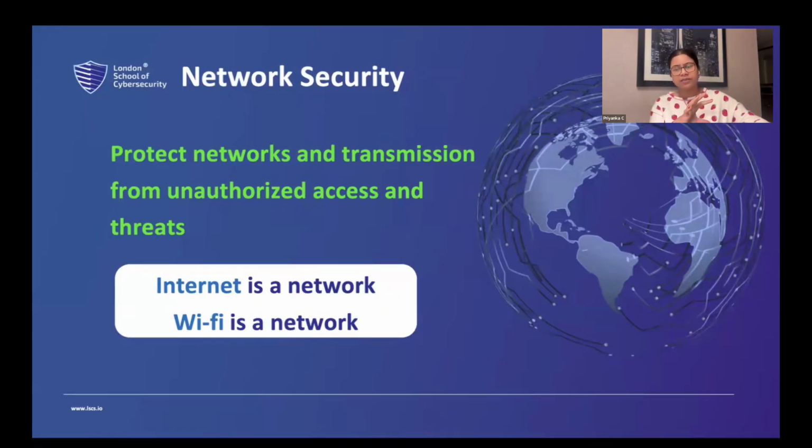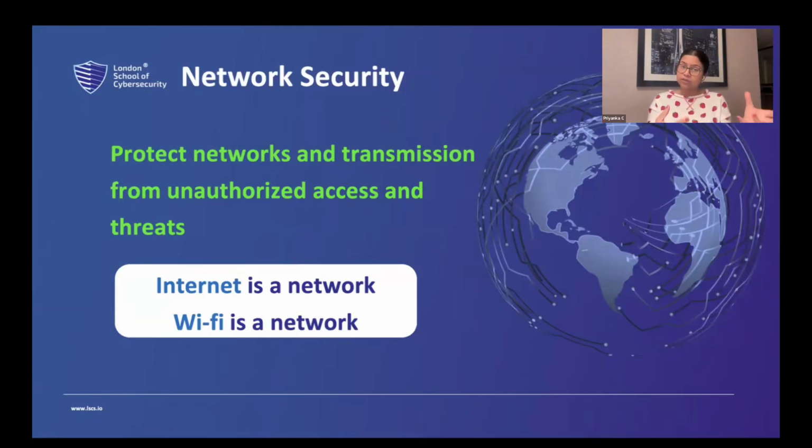Right? So we talked about access control, but access control is one way of handling it. When we talk about things that are moving across the network, we need a slightly different type of controls to make sure that when things are moving, they remain protected. Okay. Now, network is a very tricky word, right? The internet is a network, a very big network.